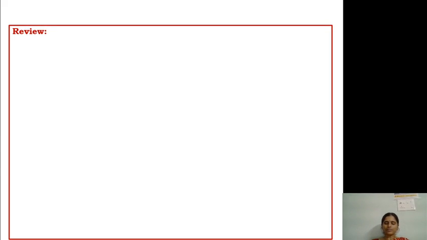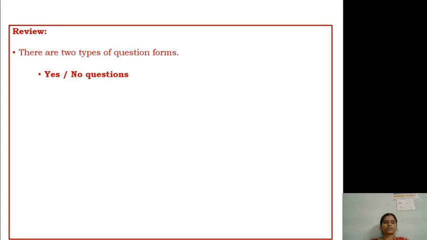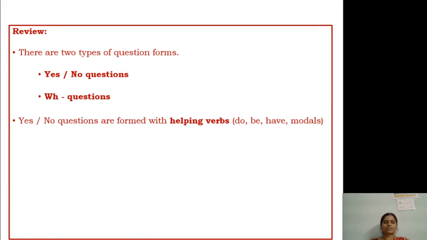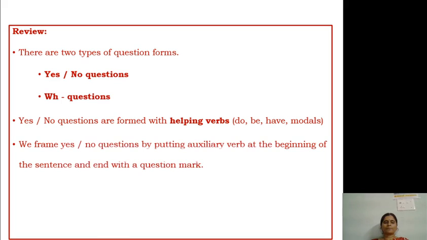Now let us review what we have learned so far. There are two types of questions. The first one is yes or no questions. The other one is WH questions. Yes or no questions are formed with helping verbs such as do forms, be forms, have forms, or modals. We frame yes or no questions by putting the auxiliary verb at the beginning of the sentence and ending with a question mark.